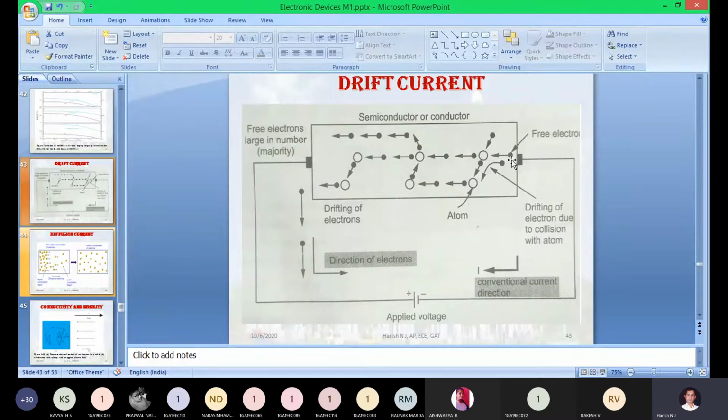Does it increase or decrease on collision? Decreases. Yes, the kinetic energy of that particular electron will decrease. Or otherwise, just check the electron at the right corner, which I have shown with the mouse cursor.